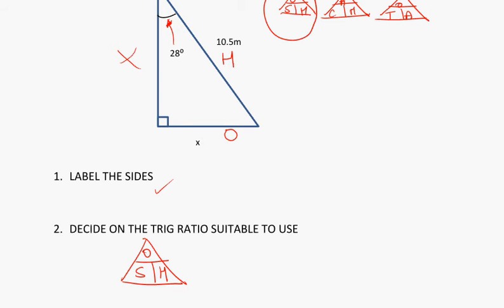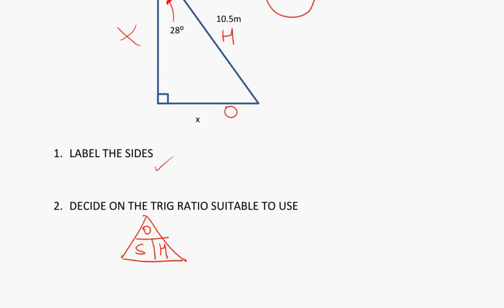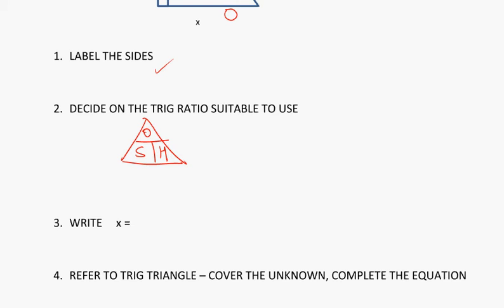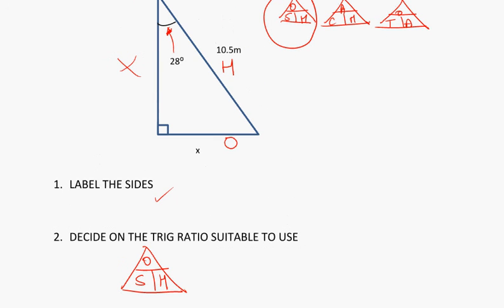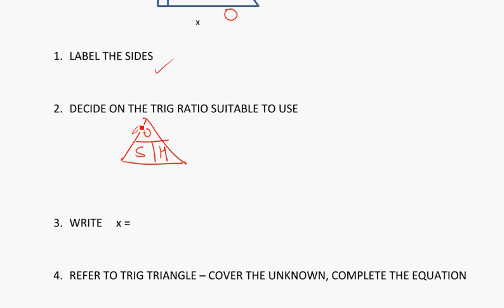And the next step is to write x is equal to, or whatever unknown letter you use. So x is equal to, and we're going to refer to the trig triangle. We're going to cover the unknown, which means the unknown is x, and that is the O, the opposite. So I'm going to cover that. I'll cross it out.